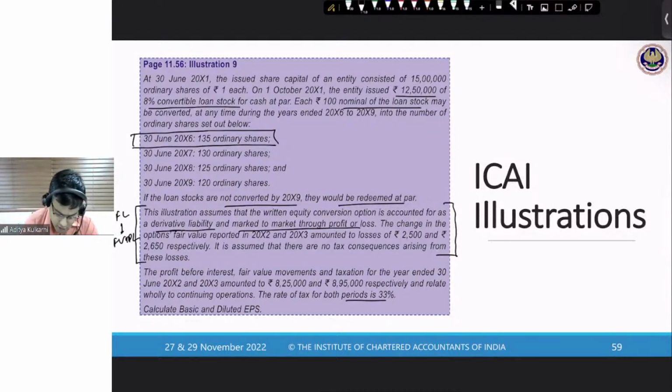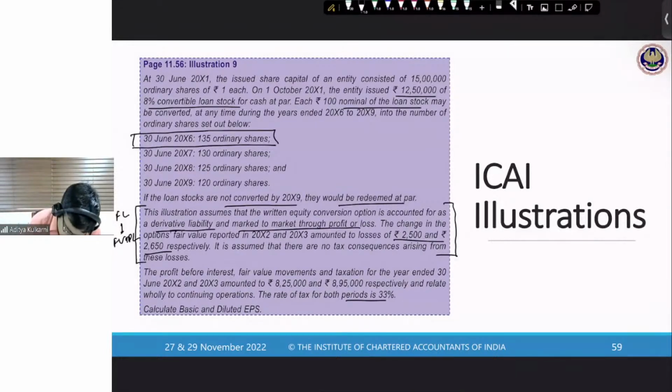The change in the option's fair value amounted to losses of 2,500 and 2,650 respectively. Where will this movement go? Will it go in the P&L or the OCI? Sir, this movement will go in the P&L because they've taken it as a financial liability, which is correct. So the previous period's losses are 2,500 and 2,650 respectively.